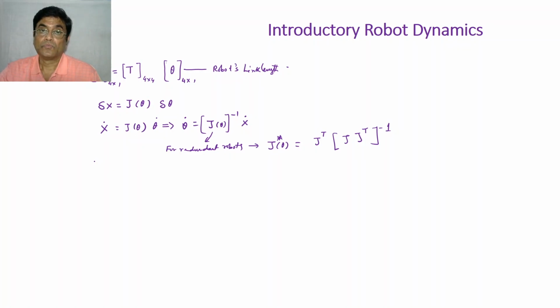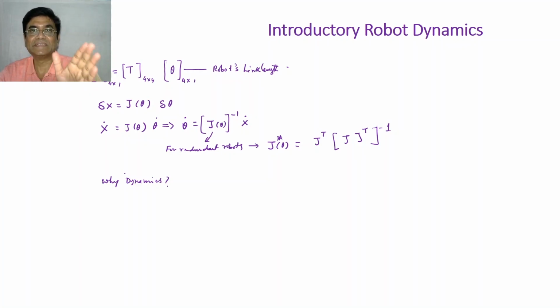So we study dynamics. Why dynamics? I try to explain. Because we want to make our model a little bit more perfect. Because then controlling will be easier. Say, if I know the dynamics of you as an individual, your parents know much better, then they can control you better, because they know your dynamic behavior.